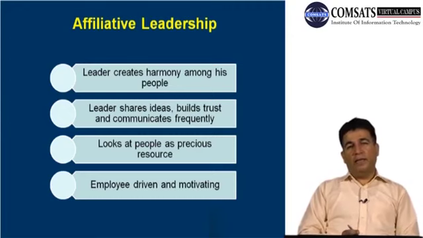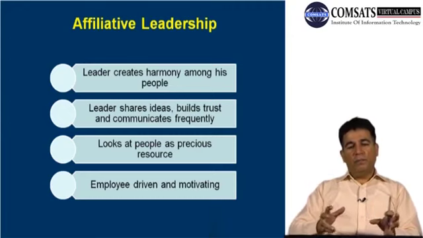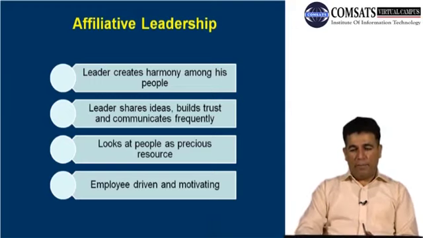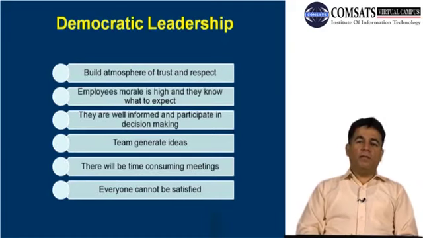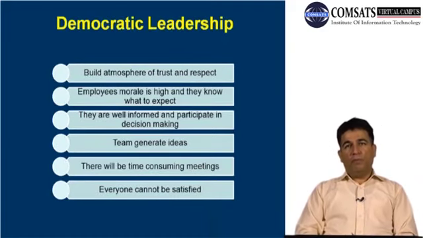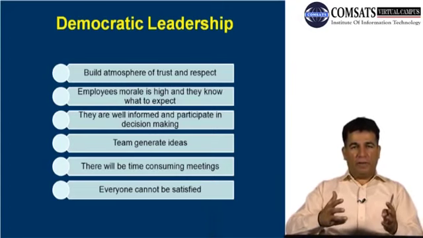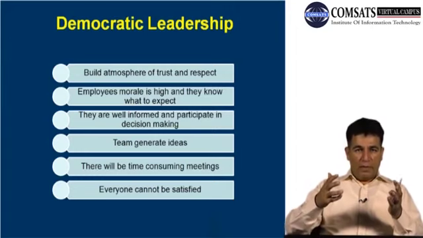Overall, we can say that this affiliative leadership style is highly focused on employees, and it is highly motivating. The next one is democratic leadership. Democratic leadership builds an atmosphere of trust and respect. What does it mean?